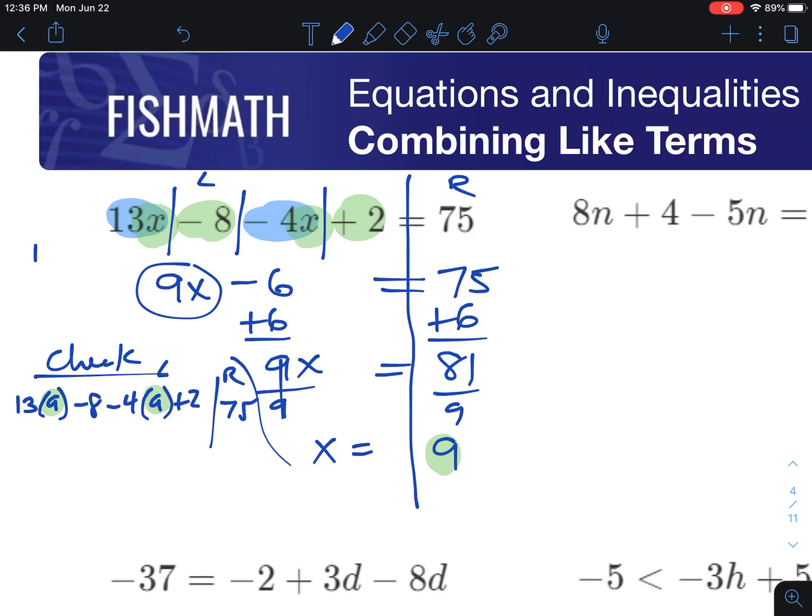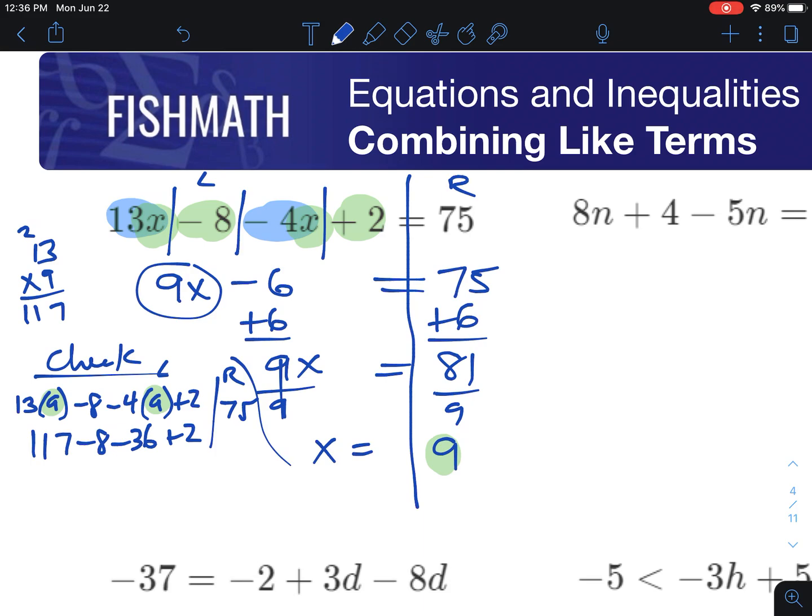So 13 times 9, I do first. Well, 9 times 3 is 27. 9 times 1 plus 2 would be 9 plus 2, which is 11. So 117 minus 8. 4 times 9 is 36, so minus 36 plus 2. Don't just assume this is correct and equal to 75.